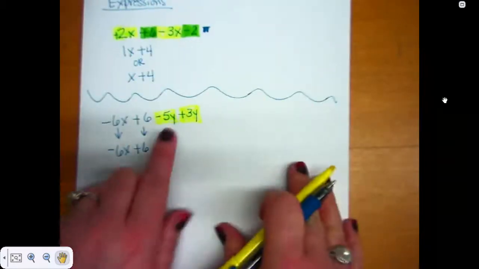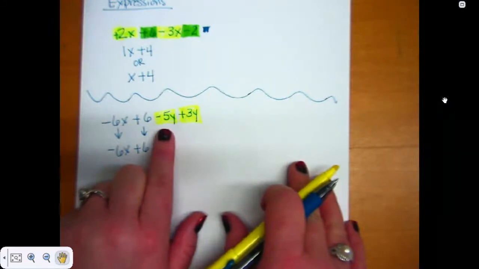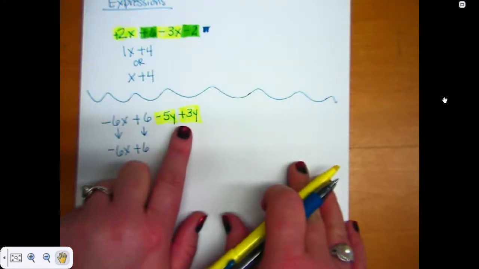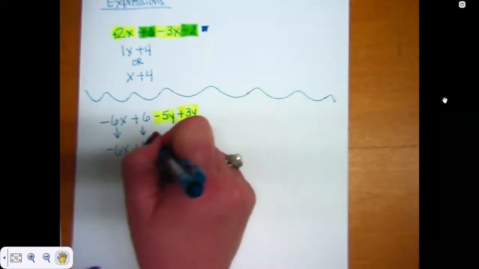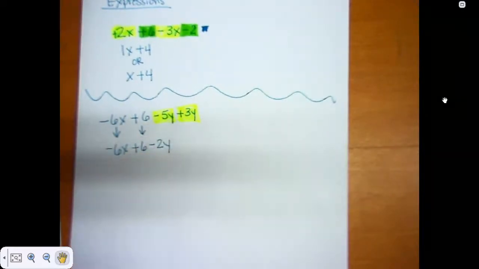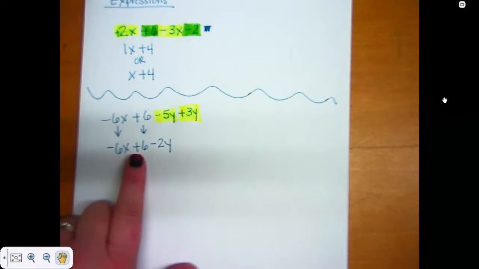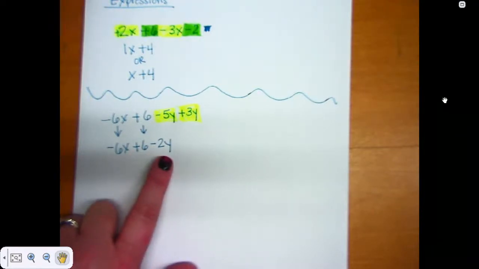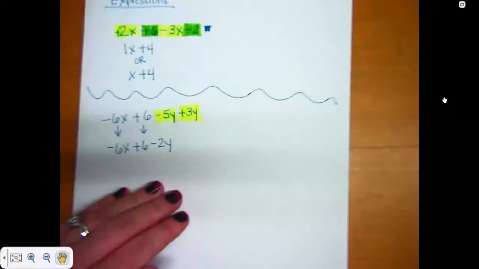They are both like terms because they both have the variable y. So negative 5y plus positive 3y gives me negative 2y. So this is my simplified expression: negative 6x plus 6 minus 2y. And again, we have no equal sign, so we are not going any further than this. We can't solve because there's no equal sign.